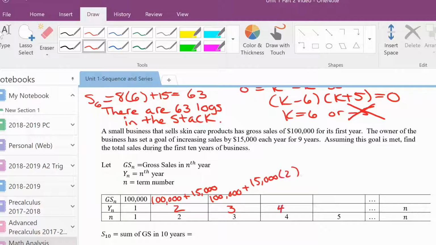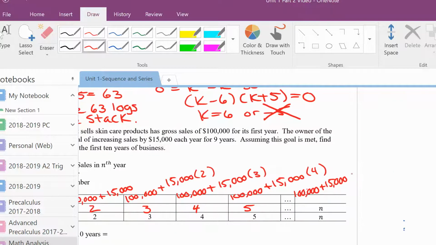In the fourth year, they made 100,000 plus 15,000 times 3. And then in the fifth year, they made 100,000 plus 15,000 times 4. All right, so that means in the nth year, they would make 100,000 plus 15,000 times n minus 1.